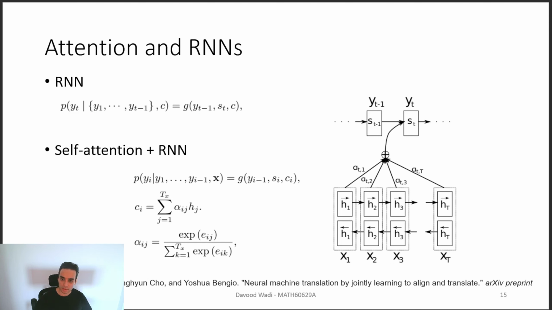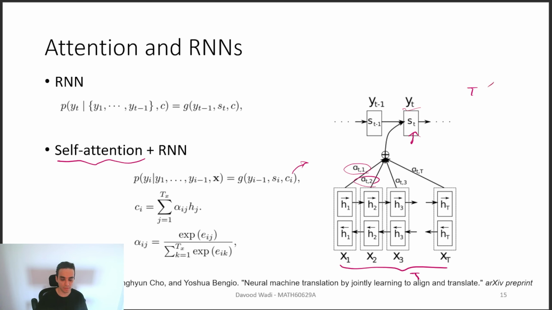But the paper introduced a layer called self-attention, which basically replaces this single context vector with multiple context vectors. So instead of having one context vector going into the prediction of Yt, we'll have T context vectors, one for each input word, going into the prediction for a given output word.